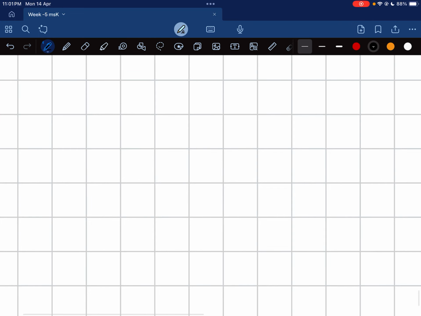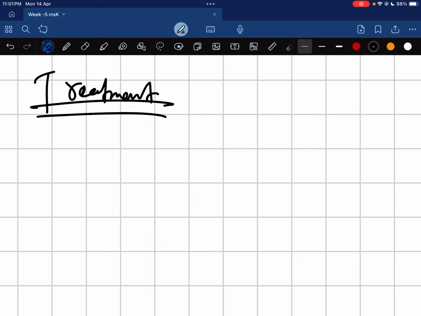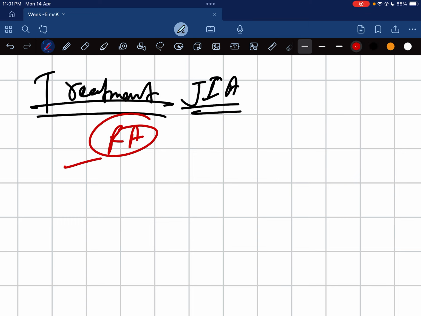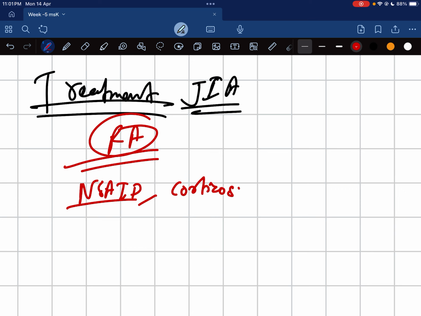Now the treatment of juvenile idiopathic arthritis is the same as what is given for rheumatoid arthritis. For the inflammation, NSAIDs are given, corticosteroids are given, and DMARDs like methotrexate.